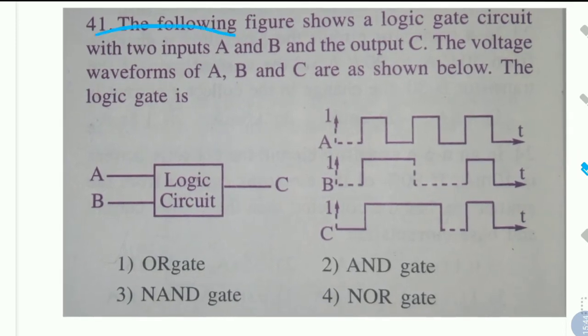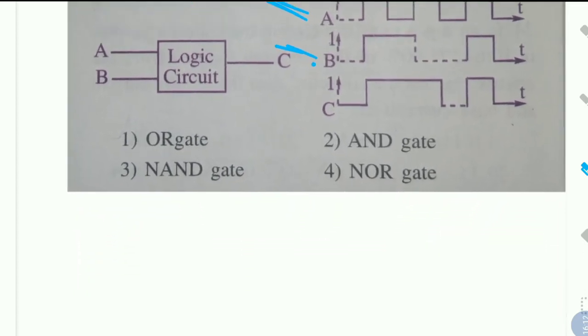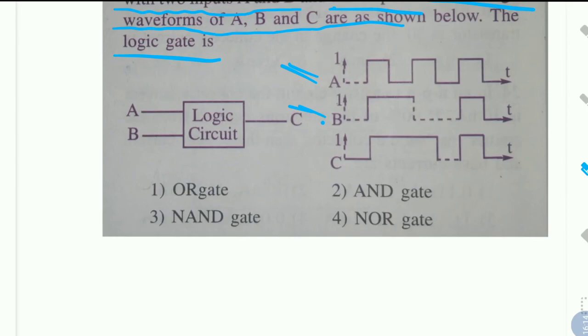The following figures show a logic gate circuit with two inputs A and B and the output C. The voltage waveforms of A, B and C are shown below. The logic gate is... this is the A, this is the B inputs, this is the output. So this one is 0.